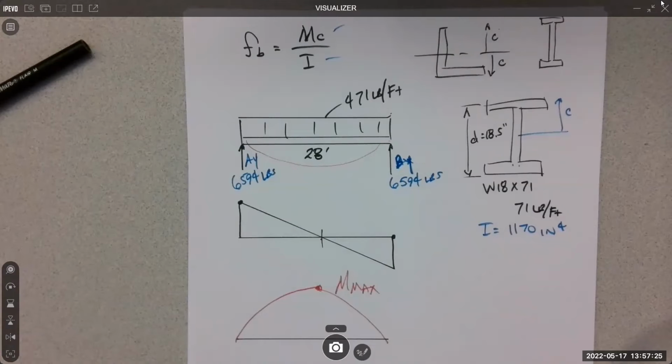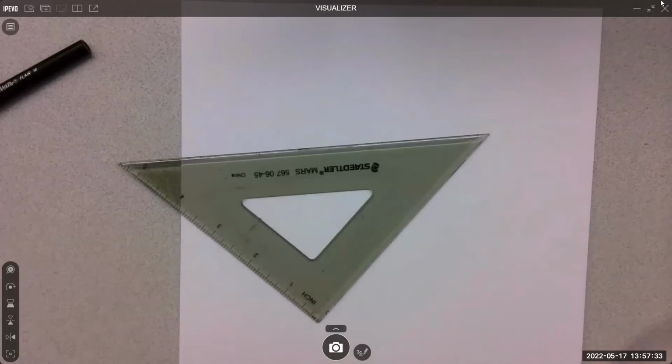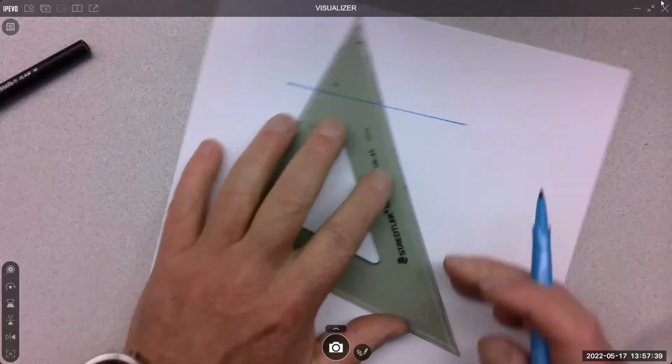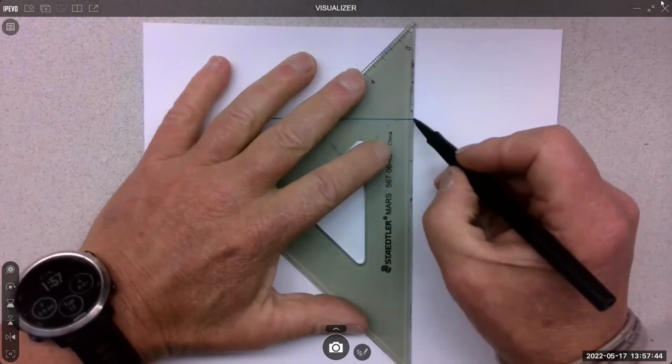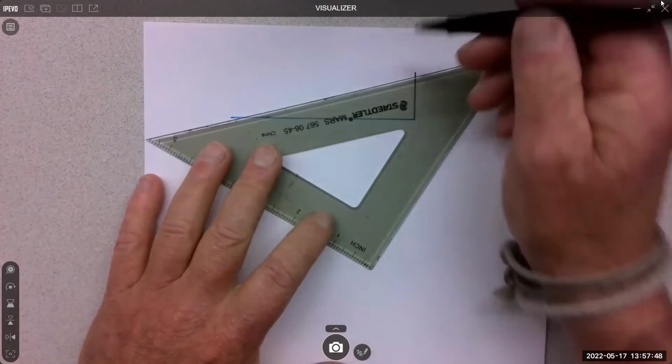You can get a triangle load. Yep, let's do it. All right, so we have a snow load.